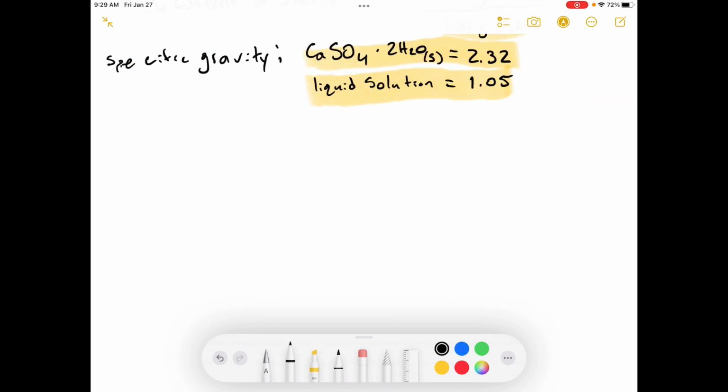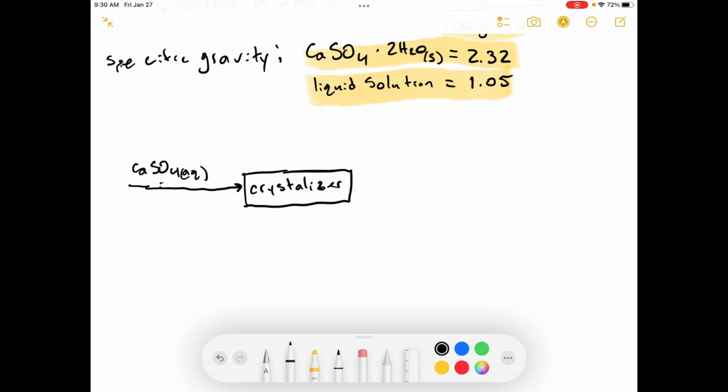We've got a diagram here. We've got an aqueous solution of calcium sulfate going in to a crystallizer, and then from there that's going into a filter, and then from the filter we've got the filtrate and filter cake.